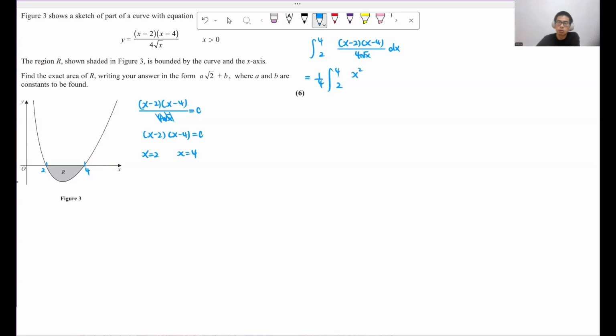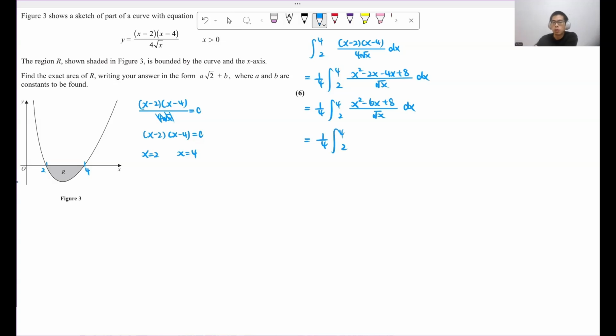That would be x squared minus 2x minus 4x plus 8 over root x dx. So that is equal to 1/4, integral from 2 to 4 of x squared minus 6x plus 8 over root x dx.